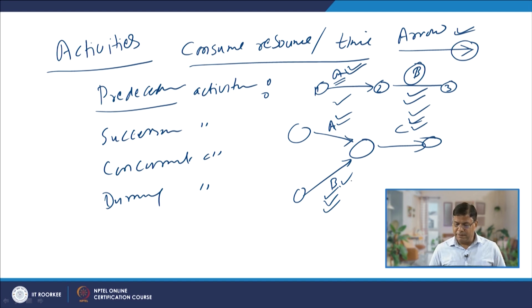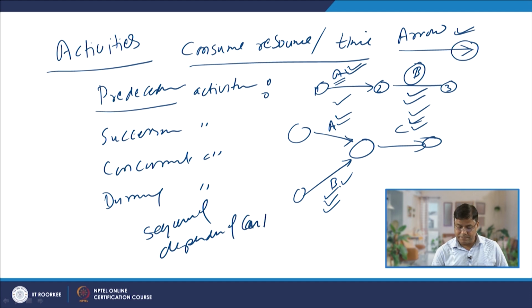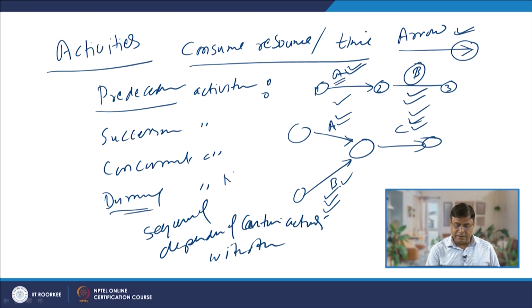Sometimes we have another situation where, just to show the sequence or dependence of certain activities on other activities, dummy activities are used. Dummy activities are basically no resource use activities, with no time.